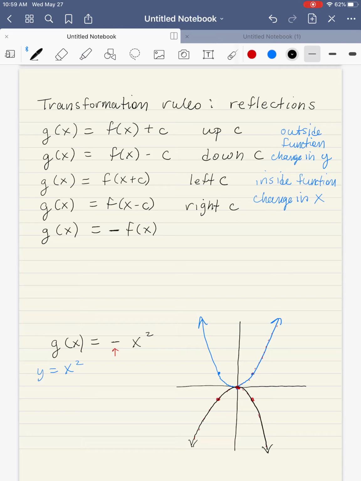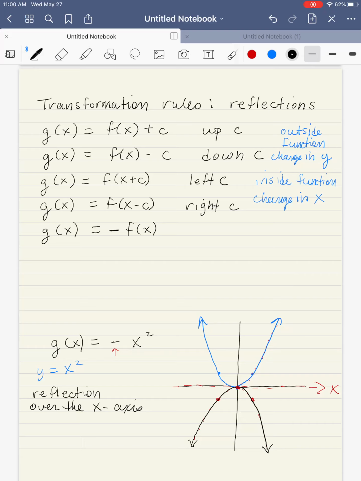Notice that this is a reflection, and the axis that we are reflecting over, the axis that is acting as the mirror, is this axis, which is the x-axis. So what this gives us is a reflection over the x-axis.